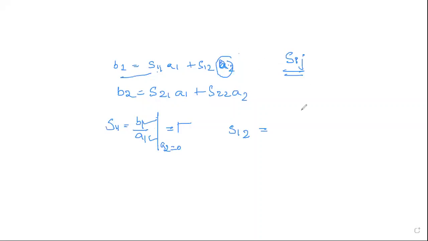Similarly, for S21, if you are applying A2 as 0, it will be B2 by A1. Similarly, for S22, when you apply A1 as 0, it is B2 by A2.